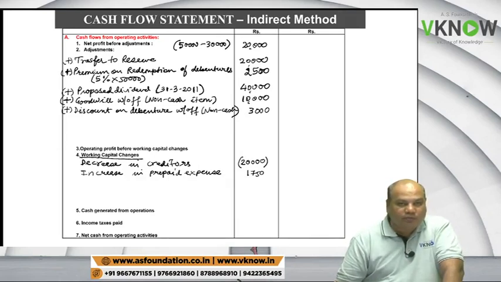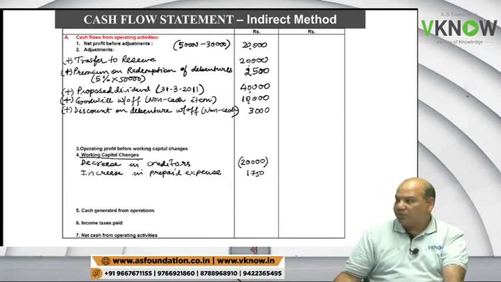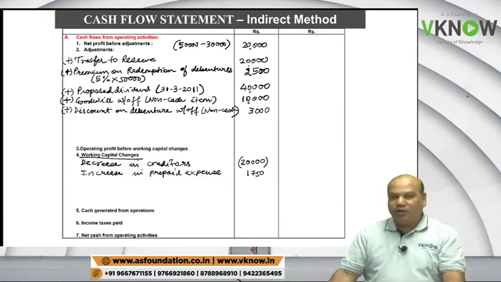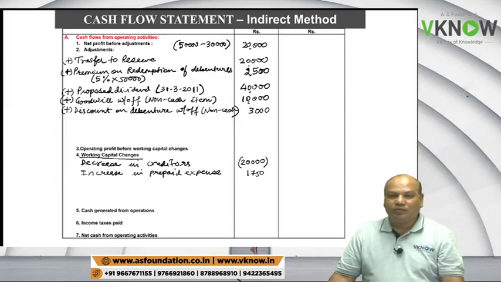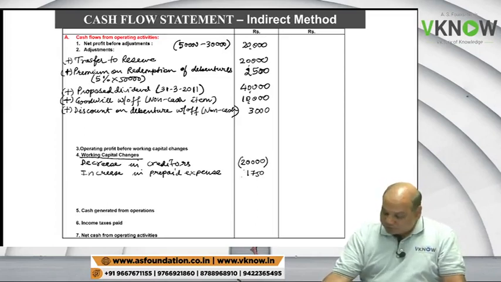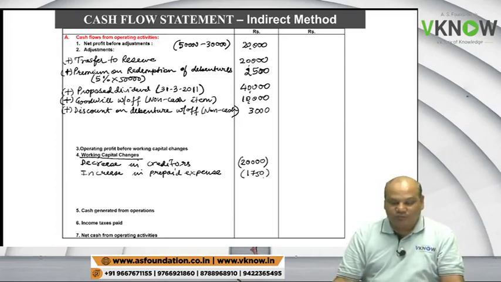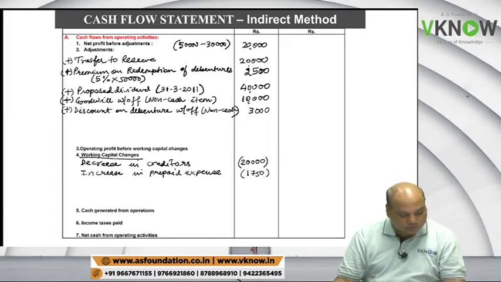Now tell me, increase in current asset, is it increase in cash flow or decrease in cash flow? Come on, reply fast. Increase in current asset is a decrease in cash flow. Very good.